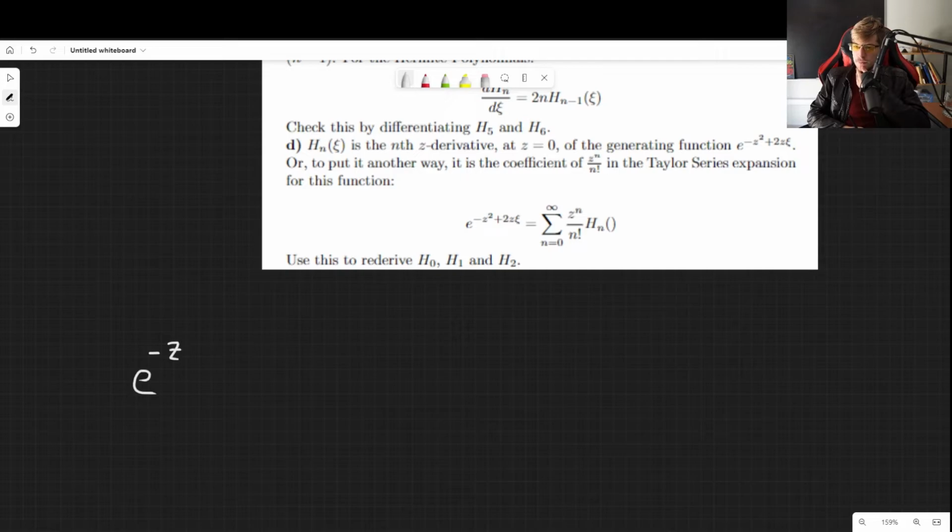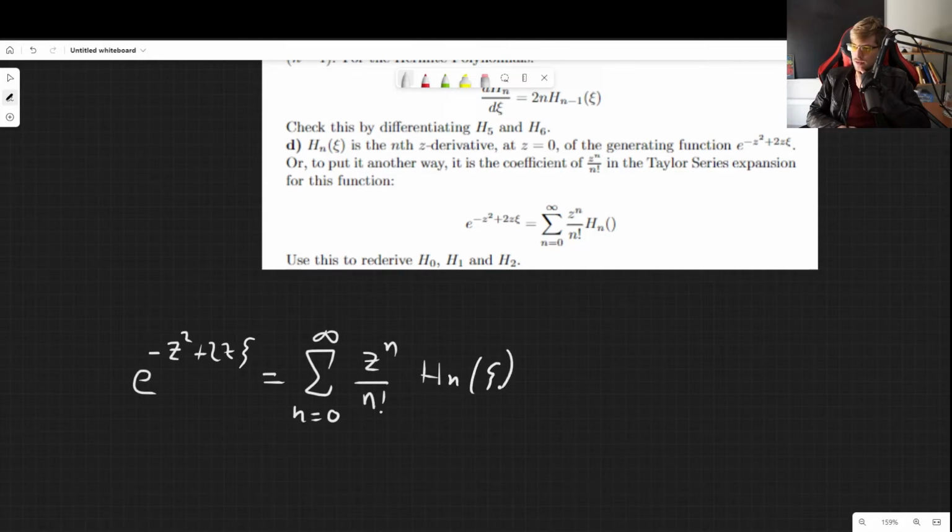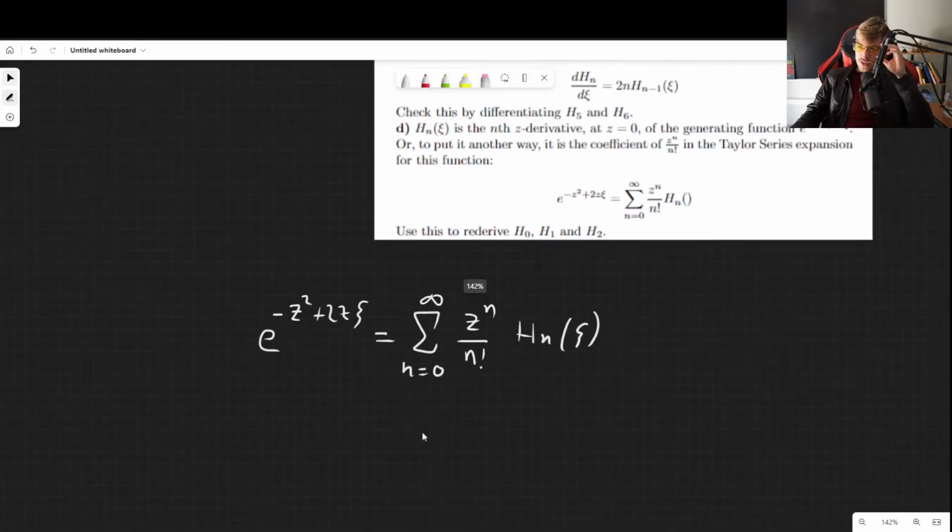So e to the minus z squared plus 2z psi is equal to the sum from n equals 0 to infinity of z to the n over n factorial and the nth Hermite polynomial. I forgot to write down the psi there. So this is what they are saying.